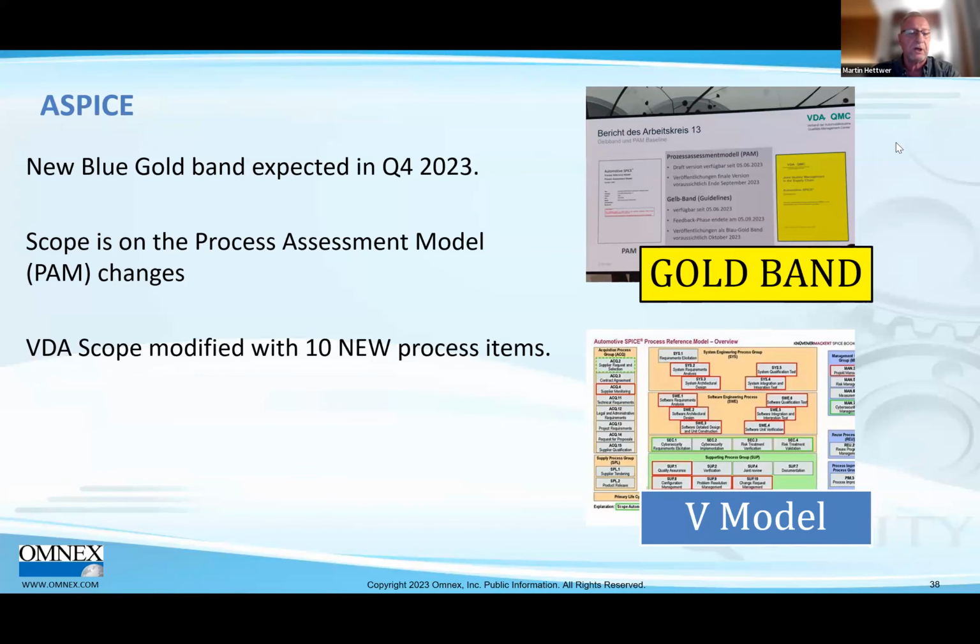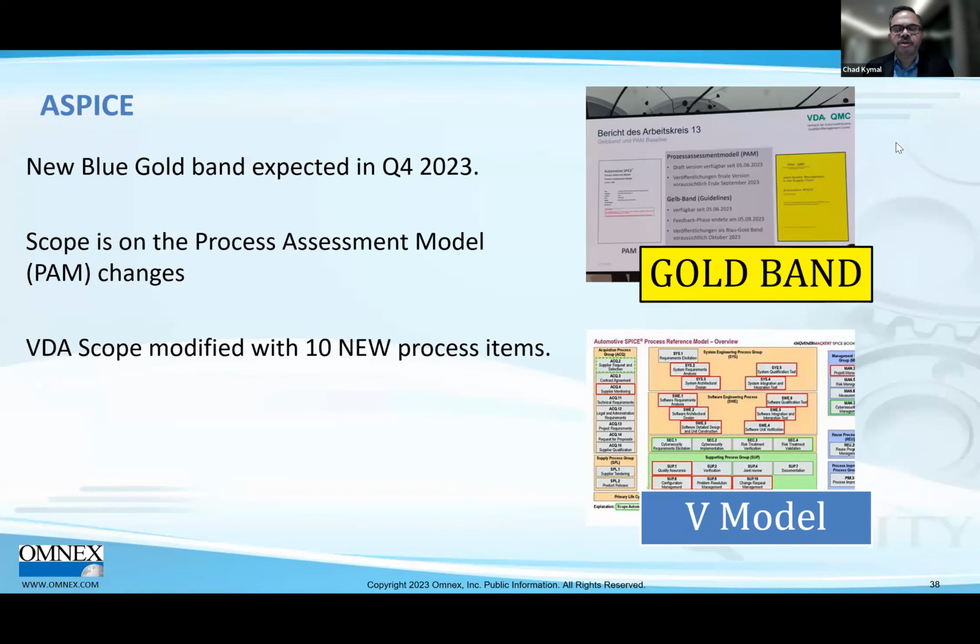And there is a new blue gold band that's expected to come out. Well, it should be out anytime now. I'm not sure what the current status is. I'll just say this, because sometimes so many things are happening at Omnex: Ranjit and I did a Gate for SPICE event on the PAM A-SPICE 4.0.